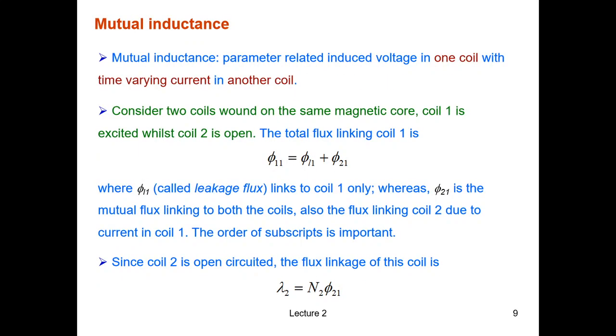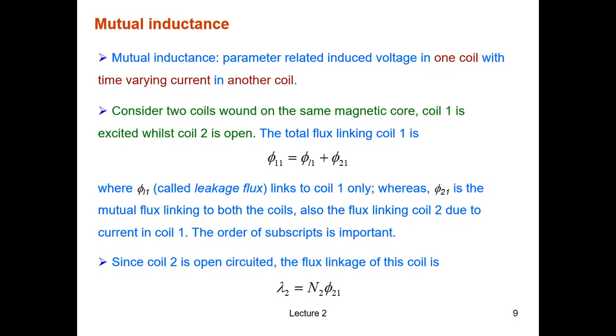And now let's talk about mutual inductance. We know the self-inductance. When we have a current going through a coil, it creates a flux and then a flux linkage. If you divide that flux linkage by the current, then you have the inductance. Because there's only one coil, we call it self-inductance. Mutual inductance is another concept.